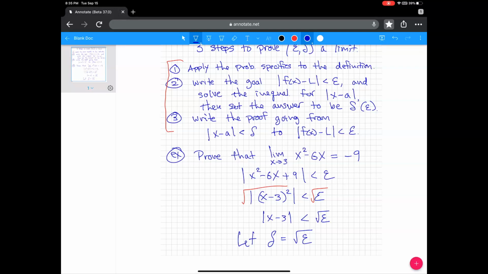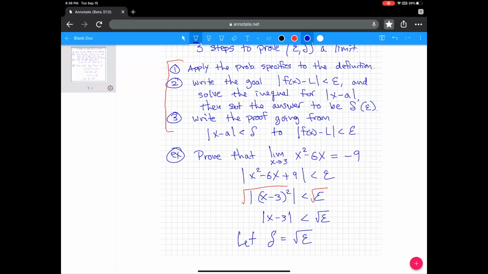So you tell me epsilon, like maybe epsilon is 10,000. Then the way I choose my delta, in this case, is I take the square root of 10,000 and I get 100, and then I let delta be equal to 100. So this is a formula that tells me if you give me epsilon, then I can figure out delta. Now I need to show that when delta is set equal to this square root of epsilon, I can then write the proof, that I can then establish that x squared minus 6x minus negative 9 is less than epsilon.